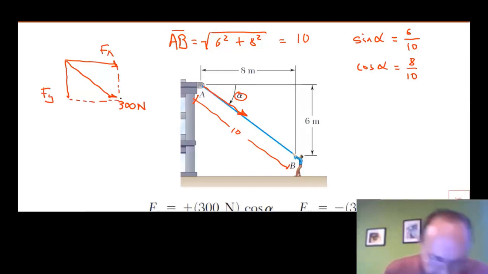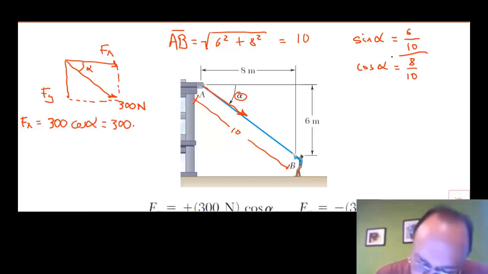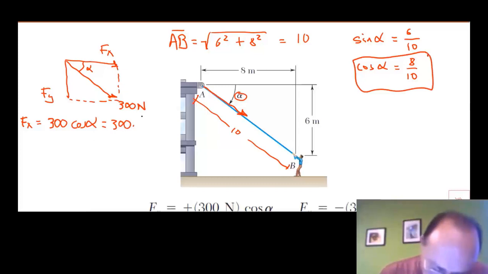The Fx component is equal to 300 cosine alpha, and cosine of alpha is 8 over 10.